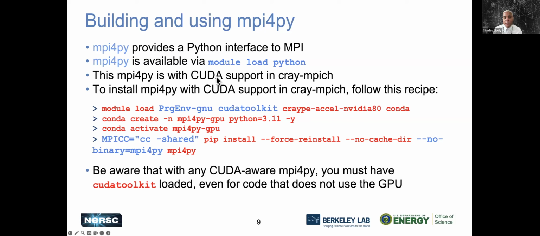And then you can also specify specific environments for that command as well, once you do your conda create and you specify your environment. So in this case, you're specifying that it's going to be MPI4Py, a GPU version, and you specify the version of Python you want to activate.